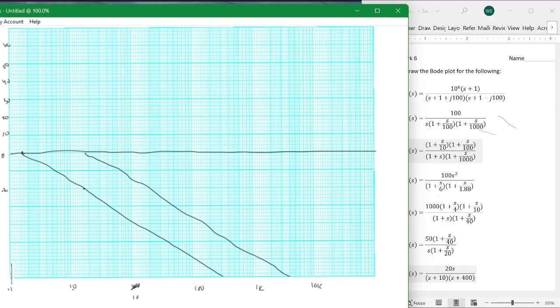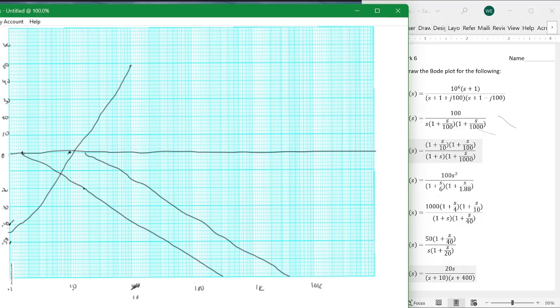What about this? S squared. Now you've got an S squared term. Now, what do you do with that? It cuts through 0 at 1, and it's a double, so it does what? It goes at 40 dB per decade. So basically it goes like this. Okay? Everybody agree with that?